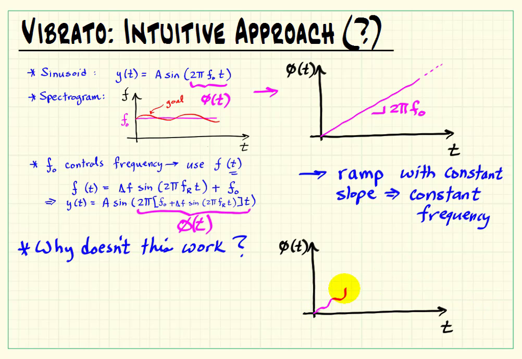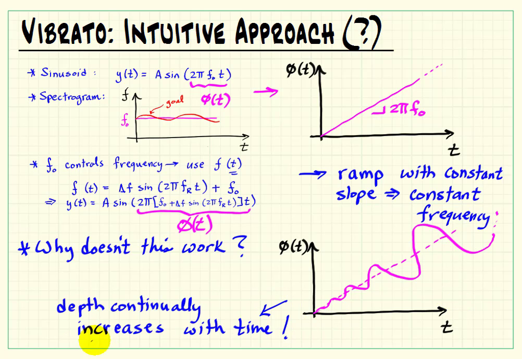That's why we see the frequency deviation increasing without limit as time goes on. So it would appear that the depth continually increases with time, and we really need the depth to stay constant with time.